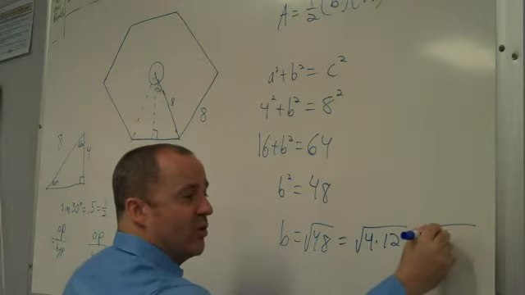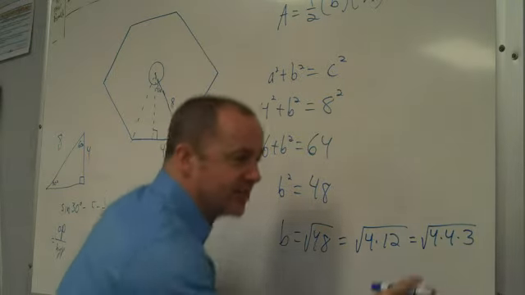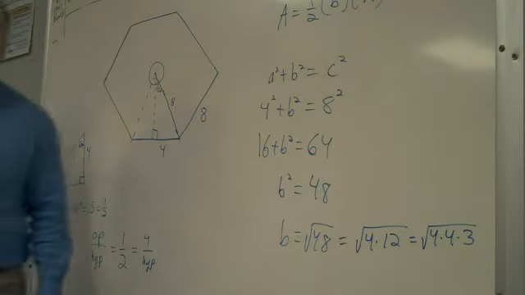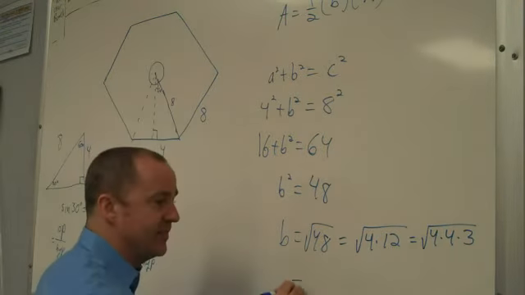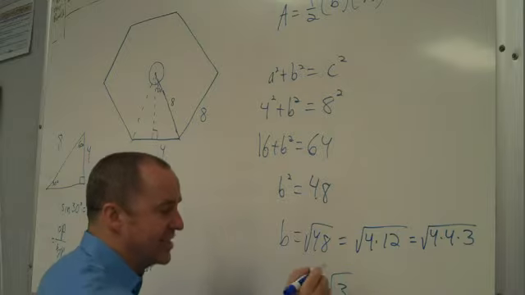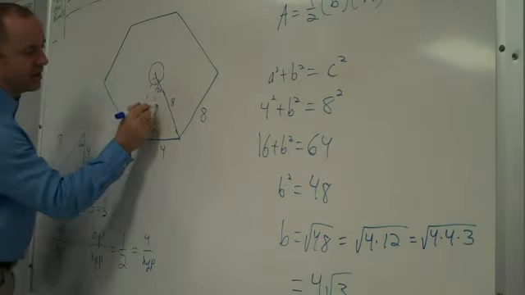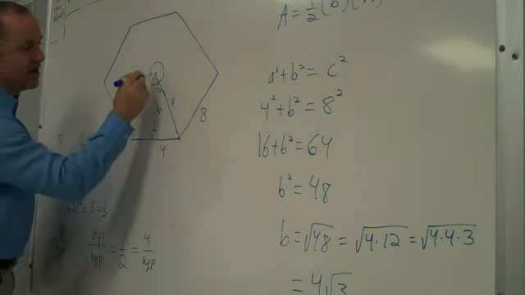I like that because then I get 4 times 4 times 3. If a factor occurs twice, it can escape. So it's 4 root 3. So now I know that this adjacent side is 4 root 3. I could have found that using the cosine as well. Okay, so now I know how tall it is.